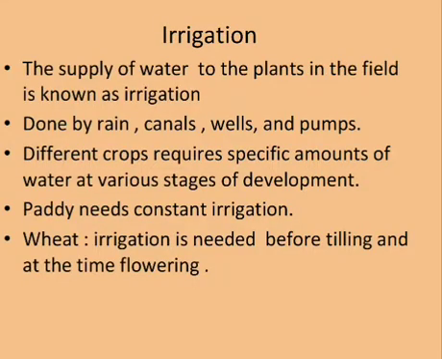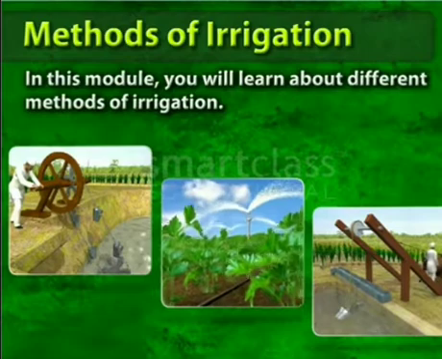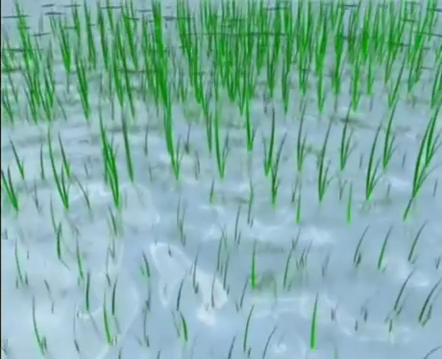Our next agricultural practice is irrigation. The supply of water to the plants in the field is known as irrigation. Different crops require different amounts of water at various stages of development.